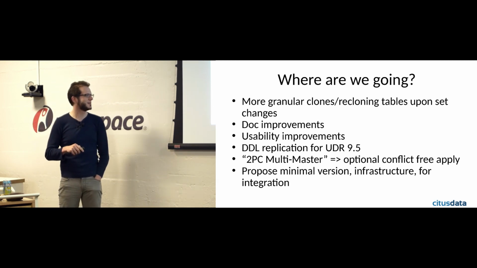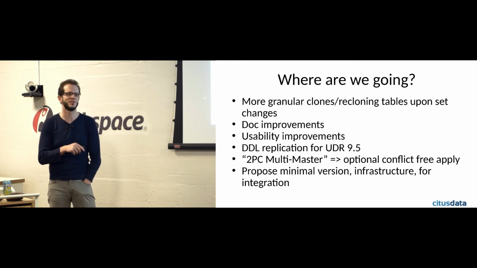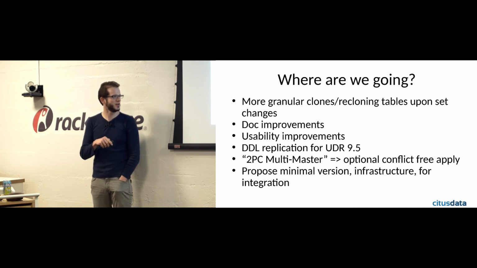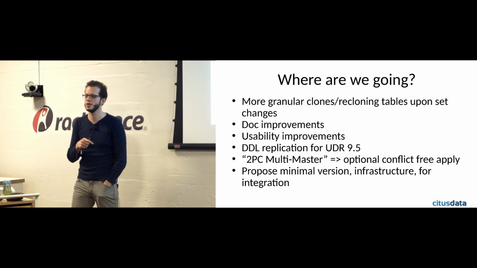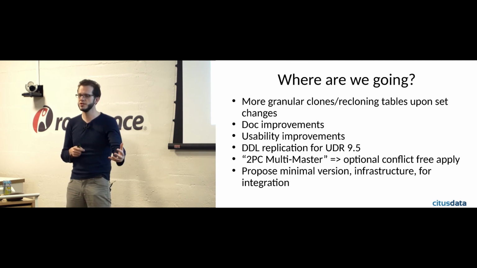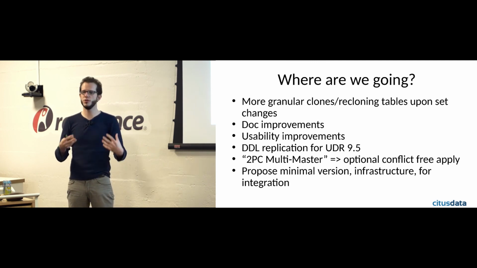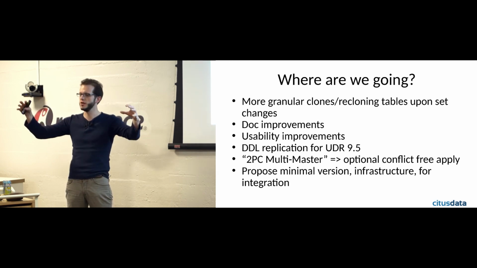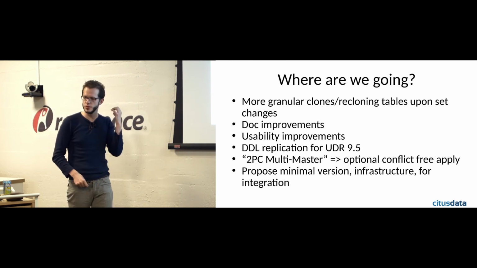And then what I find a very cool feature, but maybe I'm just weird, is basically doing 2PC over the asynchronous multi-master. So you can say, I want to do this transaction and it's very, very important. And then it will internally use 2PC to guarantee that it's applied successfully without conflict to all the nodes, and only then return success to you.